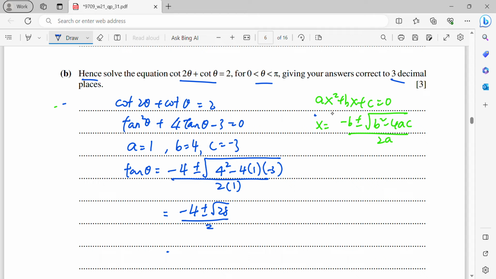Then I will get two values. The first value uses the plus square root 28, and the second value uses the minus square root 28. So you will get 0.6458, and the other one is negative 4.6458.